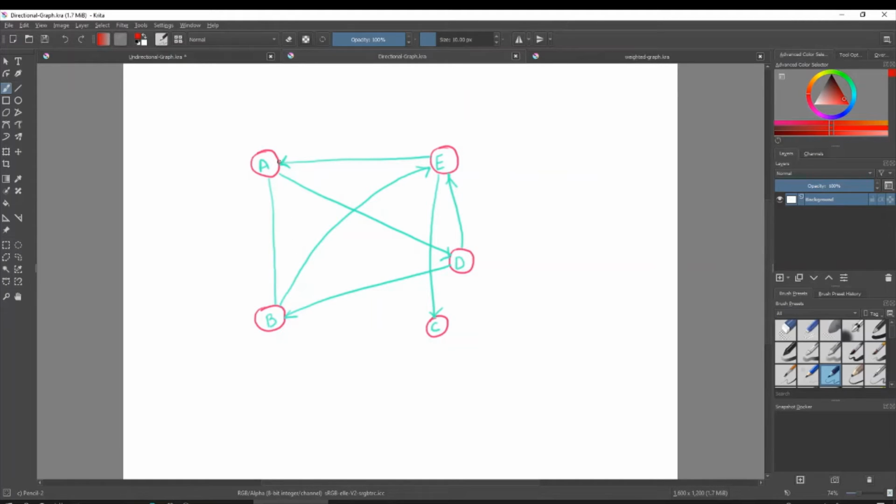This graph has 5 nodes, A, B, C, D, and E, and these nodes are connected with the help of edges. But this time these edges have directions. That's the reason this graph is called a directional graph. In the previous graph which I showed, the edges did not have any direction. That's the reason that graph is called an undirectional graph.